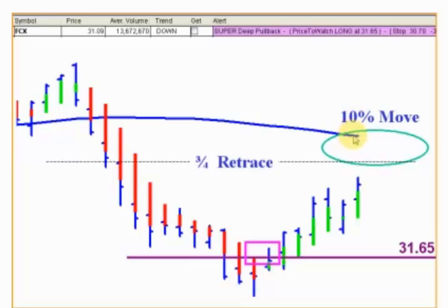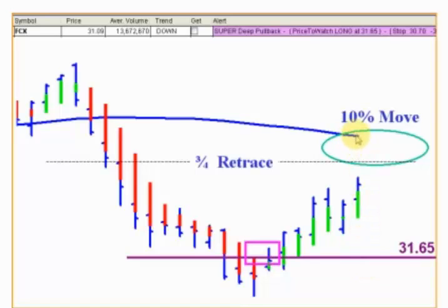One of the targets that I use is a 3/4 retrace back from the breakdown point. So basically it measured from here down to here and 3/4 back up the way, and that was the target. That's just one little technique that I use, and that's like a first target.